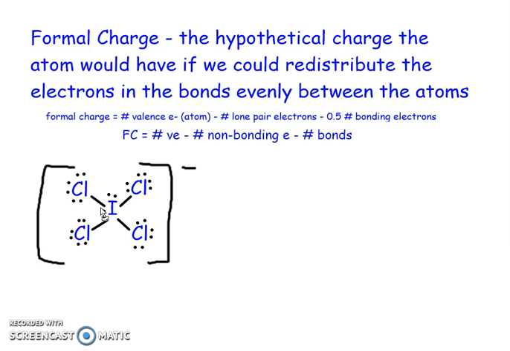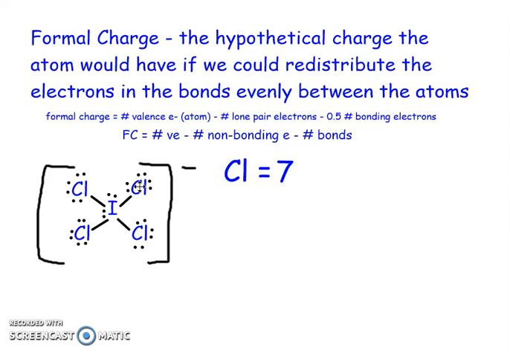Let's look at the formal charges for chlorine and iodine in ICl4-. Start with chlorine. So the formal charge is equal to the number of valence electrons, which chlorine has 7 valence electrons. So 7 minus the number of non-bonding electrons.